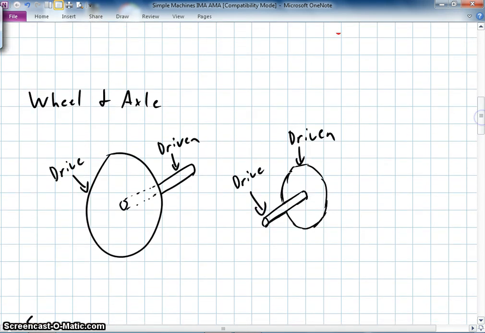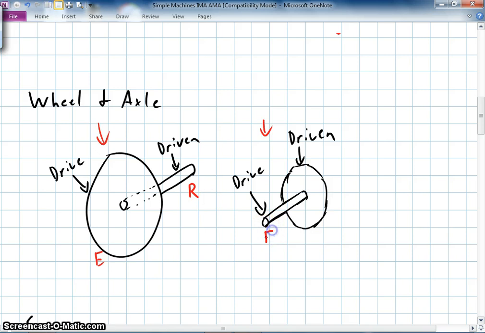Now, a wheel and axle has two variations here, either the wheel driving the axle, as in the first case here, or the axle driving the wheel, as in the case over here. In each situation, we have diameters or radii to work with. In the first situation, we're going from a large diameter to a small diameter, so the large diameter wheel is the effort, and the small diameter axle is the resistance.